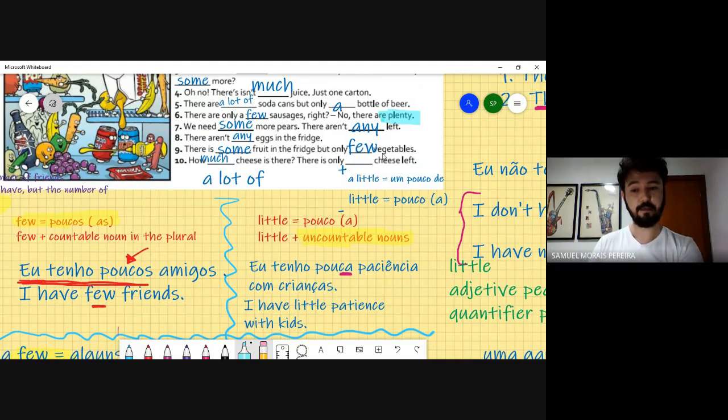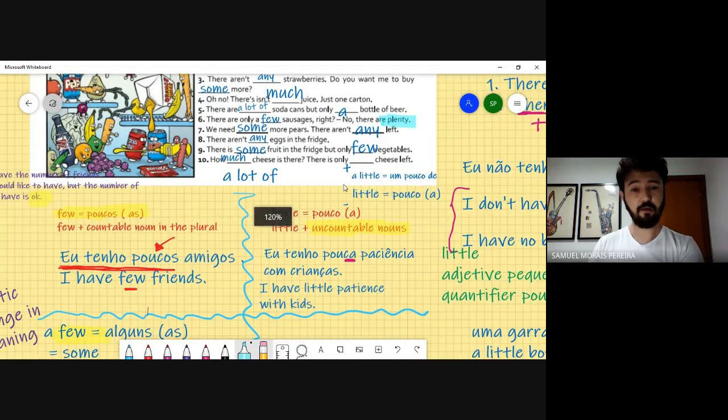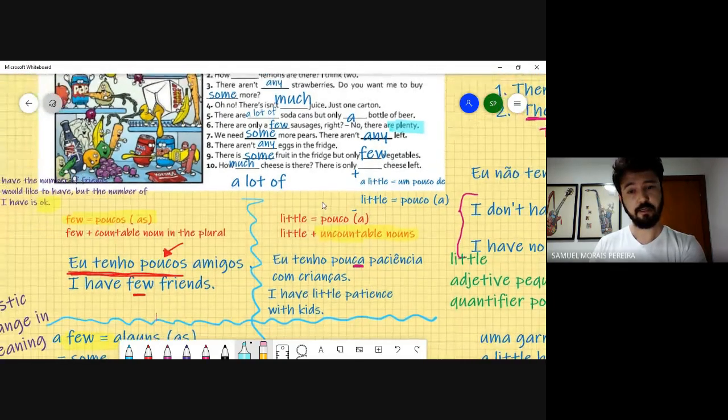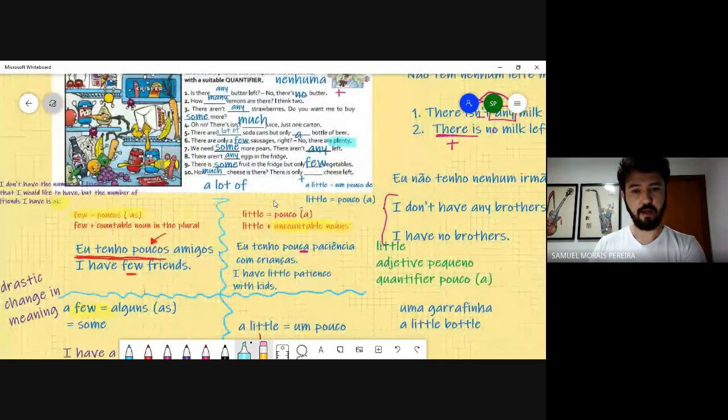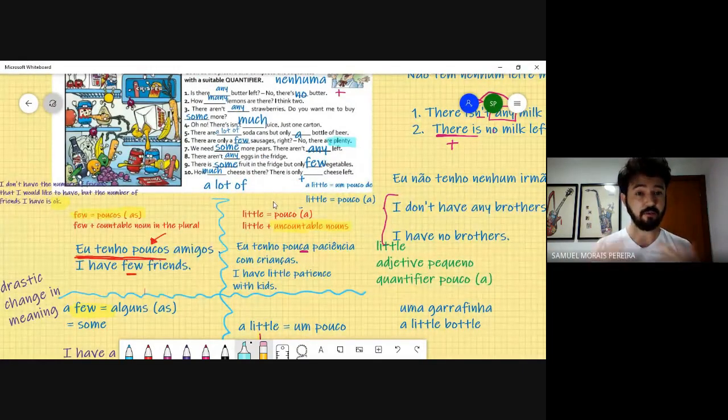Okay, guys? This exercise took us a long time to correct, but it's kind of important to practice, okay? Well, so now I'd like to call your attention to some other quantifiers, okay? I know that I have another exercise to correct, but I am gonna explain to you some other words before we go to the other exercise, okay?